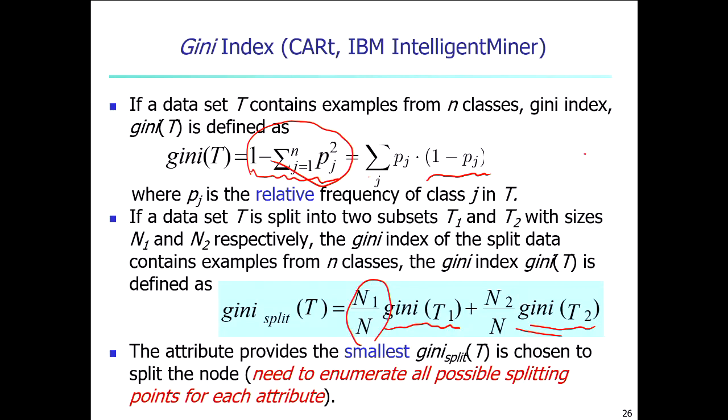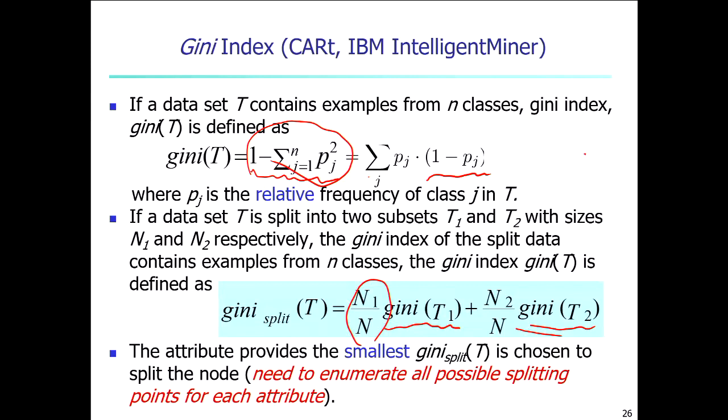And since the Gini index evaluates how often we make a mistake, we want the Gini index to be as small as possible.